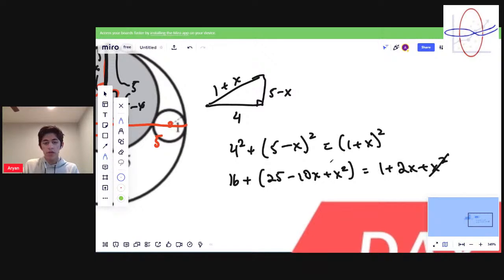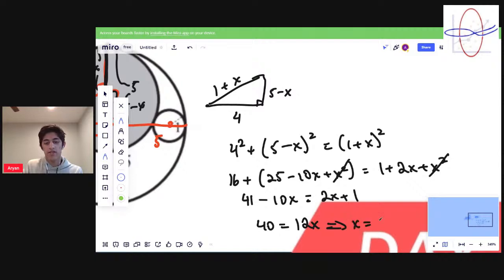Immediately we can cross out these x squareds, and what are we left with? 16 plus 25 is 41. So you have 41 minus 10x is equal to 2x plus 1. We could write this as 40 is equal to 12x, and we solve x is equal to 40 over 12, which is just 10 thirds. So we have x equals 10 thirds.